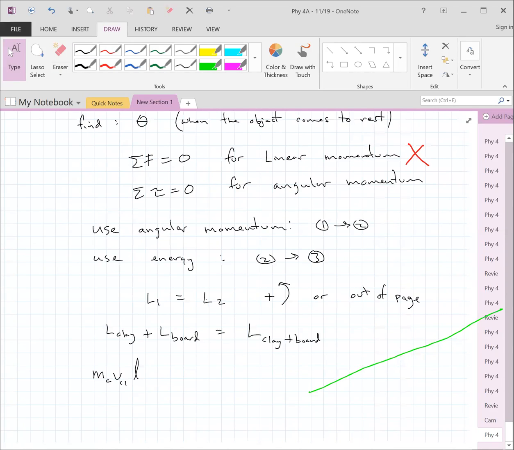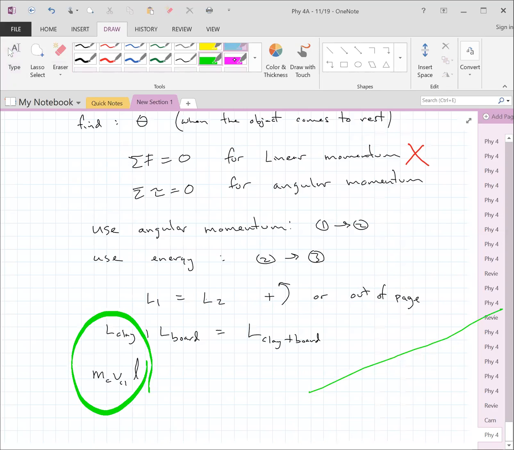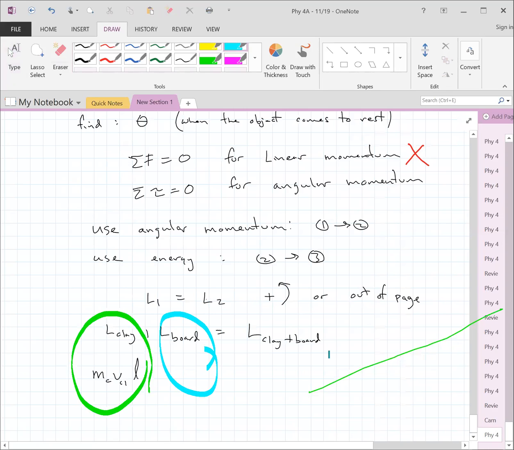Okay, so we are using angular momentum. When you're using angular momentum, always use angular momentum. Don't use linear momentum for one thing. Just because this is an object moving in a straight line, don't put linear momentum there and angular momentum here or something like that. Don't do that. If you're using linear momentum, use linear momentum.